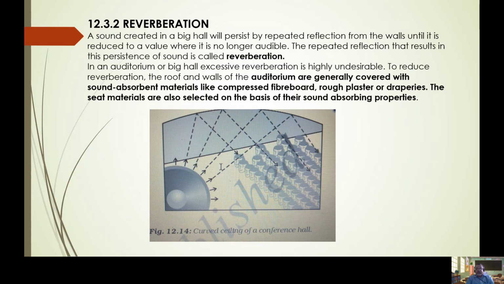To reduce this, the walls of the auditorium are generally covered with sound absorbing material so that reflection doesn't take place. The material can be fiber board, rough plasters, etc. These will absorb the sound and not reflect it, so that you can hear one single sound.